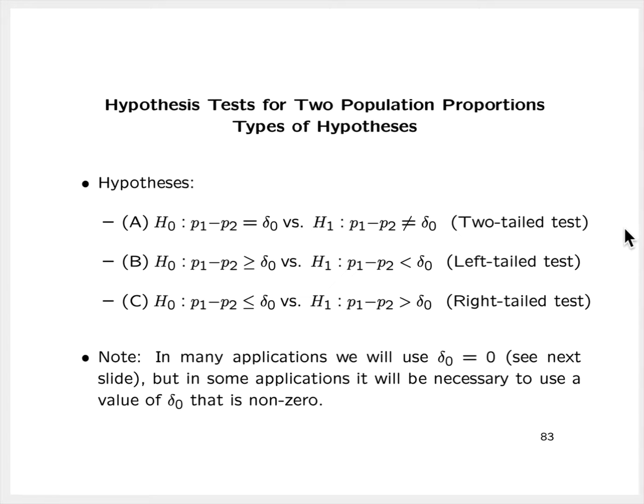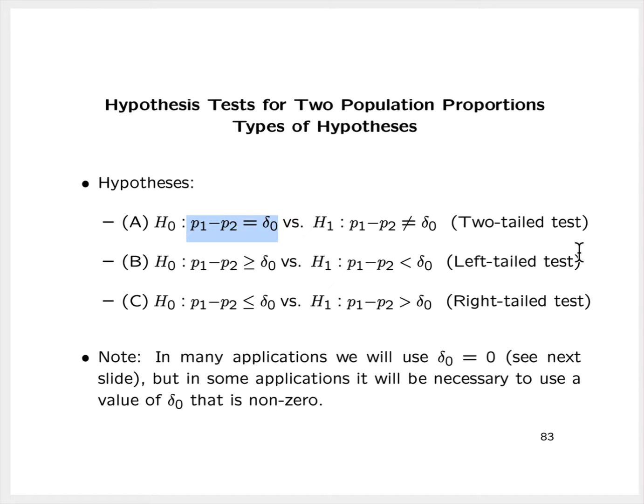The two-tailed test, hypothesis A, has a null hypothesis that says that the difference between the population proportions is equal to some specified or hypothesized difference, which we're denoting by delta 0. The alternative hypothesis would be the opposite of that statement, and so therefore it would be that the difference between the population proportions is not equal to that hypothesized difference.